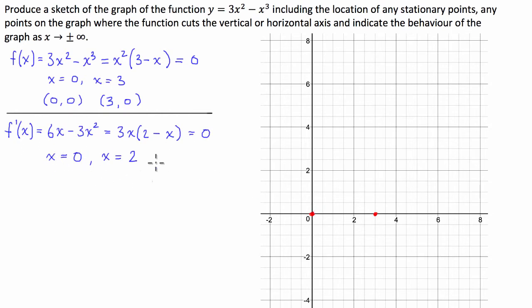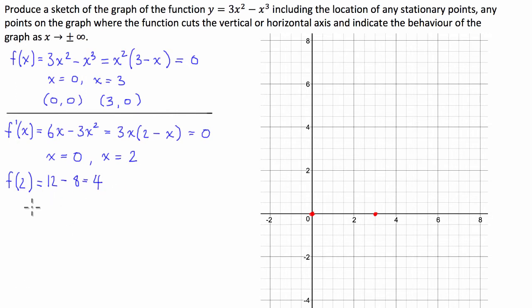Now, we know that the coordinate point when x is equal to 0 is just 0. So we're going to figure out what the function equals when x equals 2. We're going to enter 2 into our original function, not the derivative, and we're going to get 3 times 2 squared, which is 3 times 4 is 12, minus 2 to the power of 3 is 8, which is equal to 4.